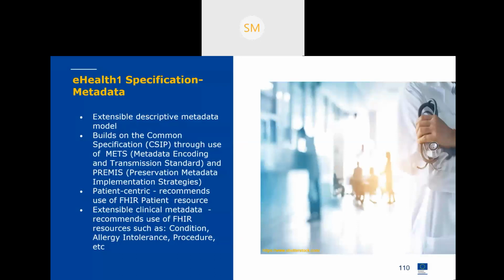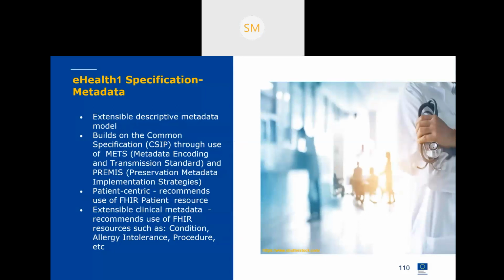So what does it contain? It's got a very extensible descriptive metadata model, which can range from the very basic to the very complex, depending on the ability of the source systems to export. It builds on the common specification. It uses METS, so an international standard for metadata encoding. It uses PREMIS, preservation metadata international standard.